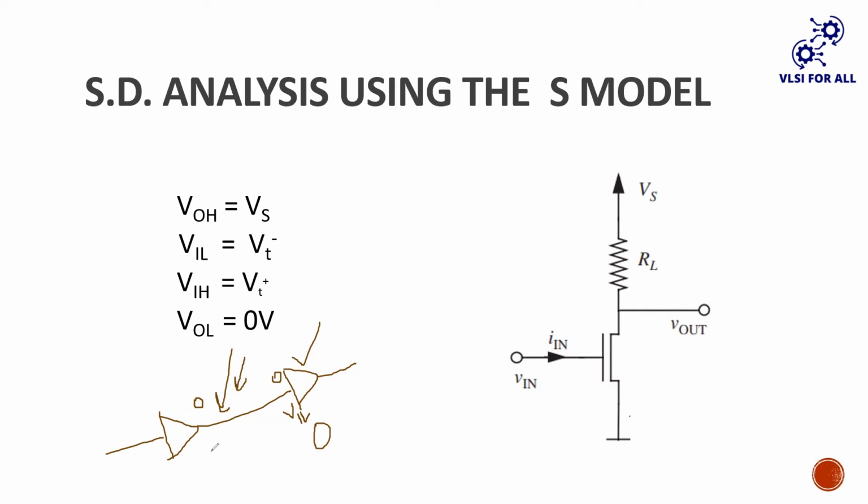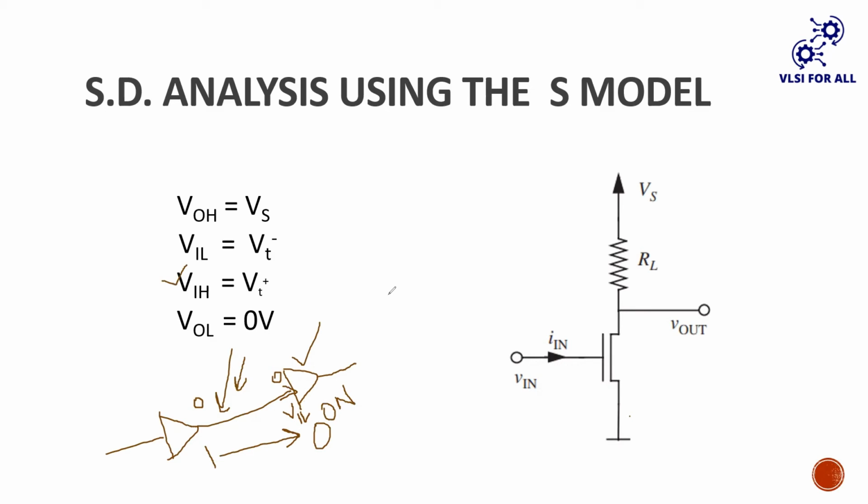Similarly, suppose the left-hand side buffer is transmitting logic 1, so that the device enters into on state. If the device wants to be in on state, the value, if it is logic 1, will be VIH. That VIH must be more than the threshold voltage.